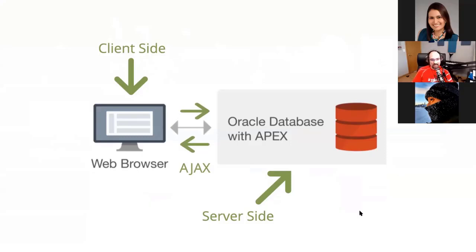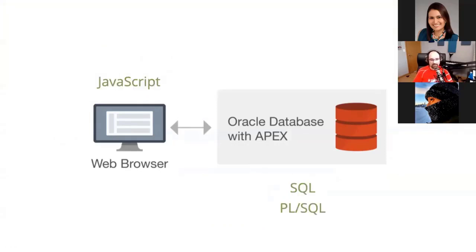And when we do communication between them without refreshing the page, that's when we are doing AJAX calls. And if you watch any of the other sessions, you've heard this a lot, right? Now, on the browser, we have the JavaScript world, and on the database, we have our SQL and PL SQL world.